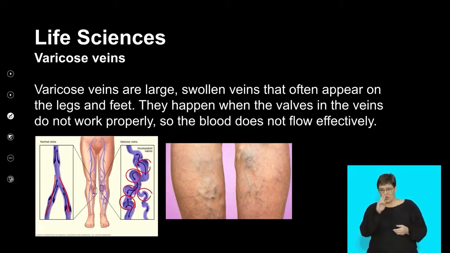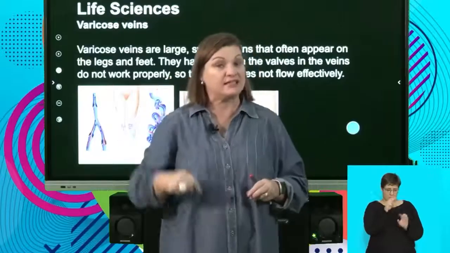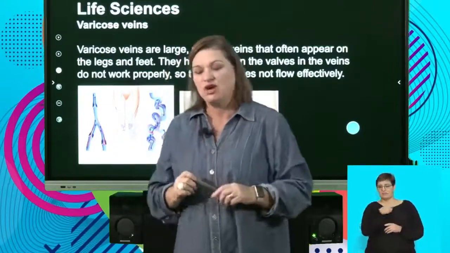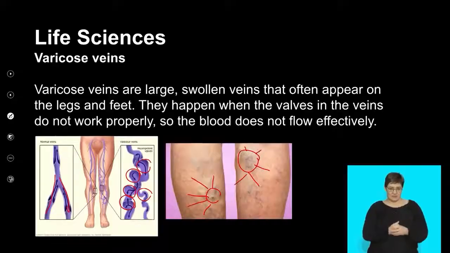I don't know if you've ever seen that. We call them spider veins. They form like little knobs, and you can see all the veins. They're not the arteries, they're the veins on your body. Quite a while back, you used to have them cut out, and now they can actually laser it and get those working quite nicely.